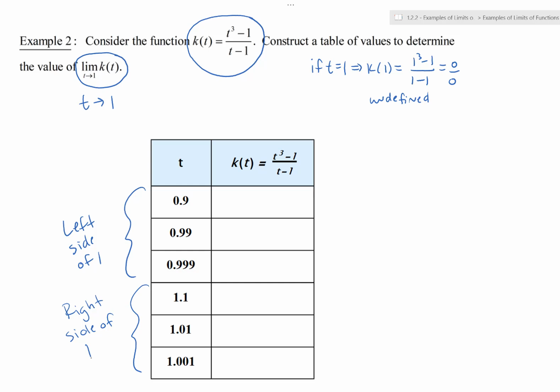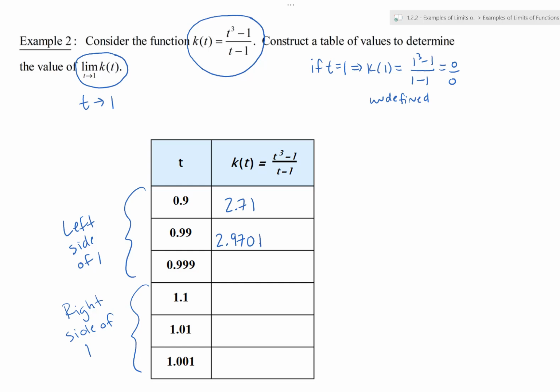So to spare all the computations, I've already computed what the output values of this function k are at these various values of t. If t is 0.9, it ends up that the output value is 2.71, and you can verify this. If t is 0.99, the output is 2.9701.